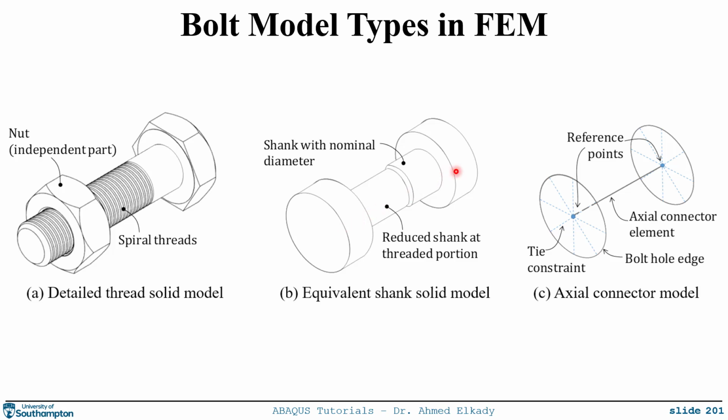And for the grip length of the bolt, you represent it with equivalent cylindrical solid parts. One would represent the shank or the nominal diameter, and another one would represent the threaded portion, if this is a partially threaded bolt, for example. This is the one most commonly found in the literature for these kinds of simulations.